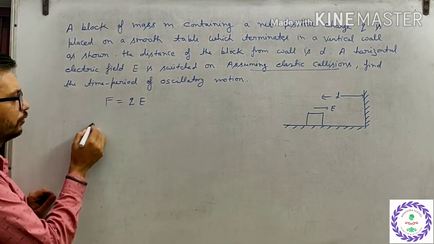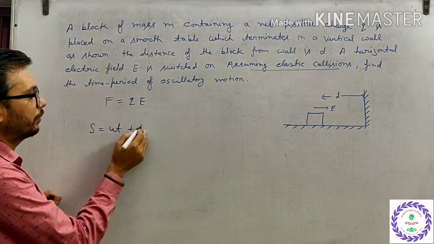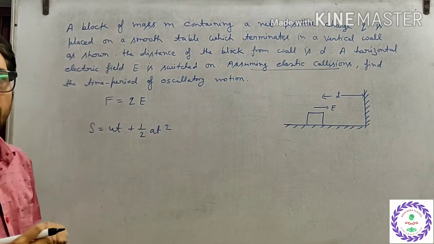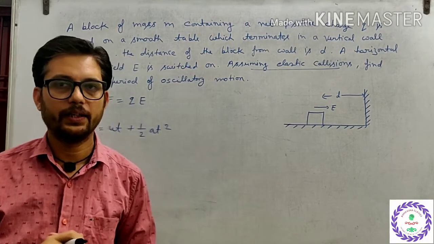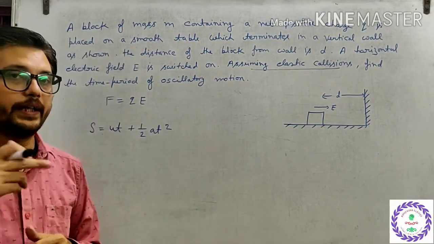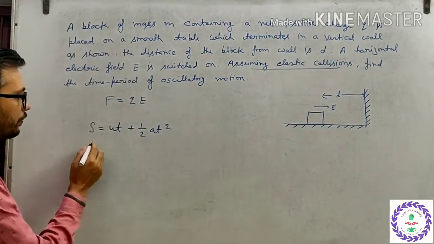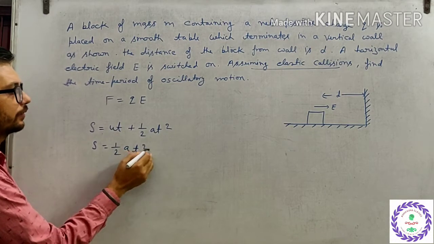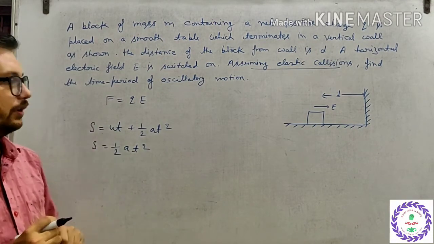So we have to use the equation S equals ut plus half at square. Initially there is no speed in the block; speed comes when the electric field is switched on. So we have simply S equals half at square, because u is 0.